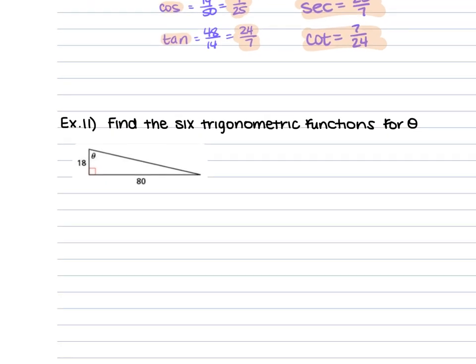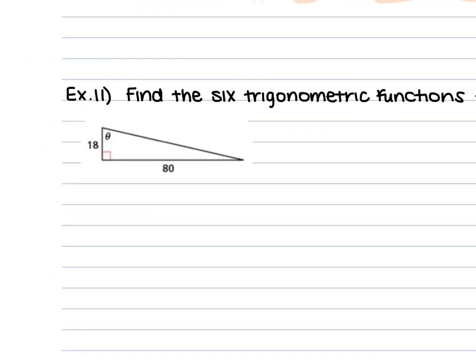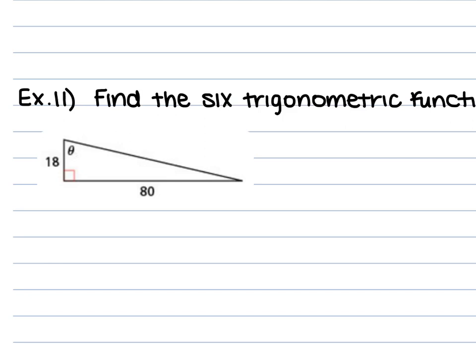For example 11, we have side lengths of 18 and 80. We're missing again that hypotenuse. So we're going to use the Pythagorean theorem. So a squared plus b squared is equal to c squared. So 18 squared plus 80 squared is equal to c squared. That 18 squared is 324.